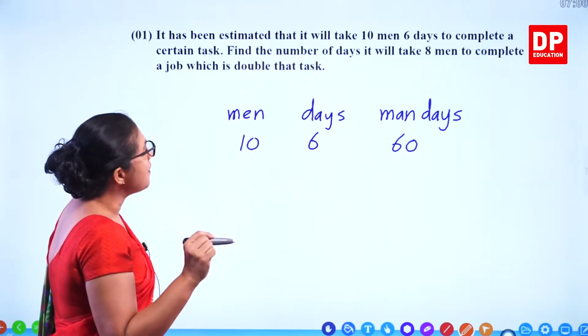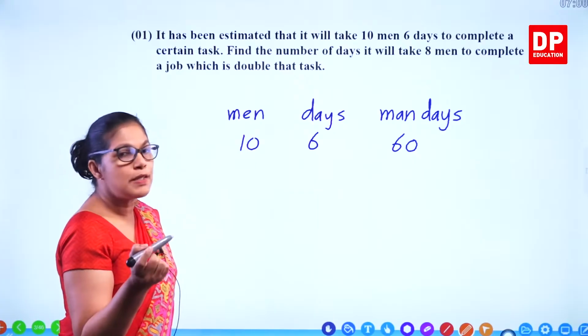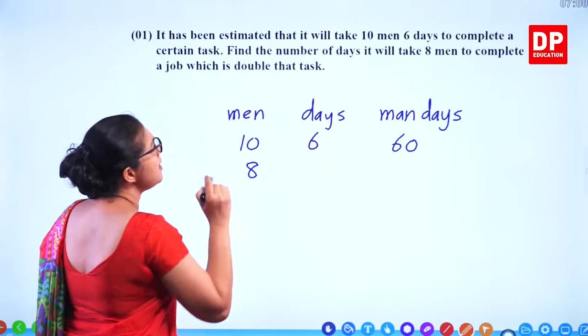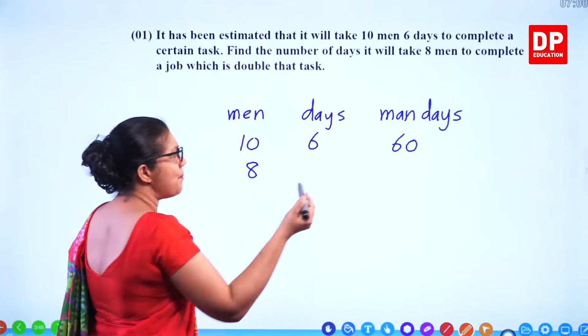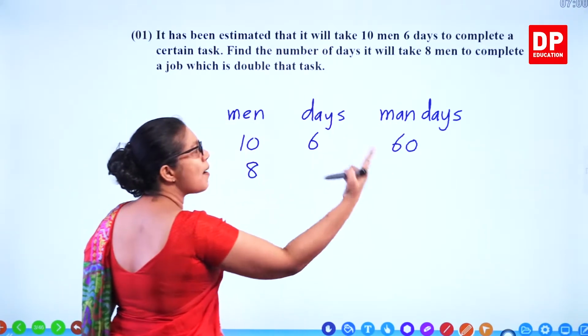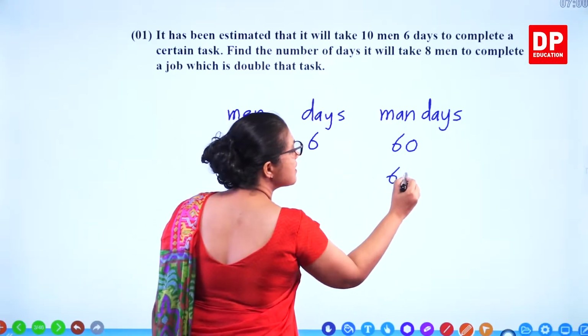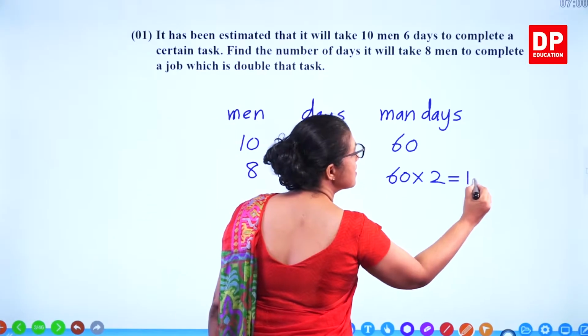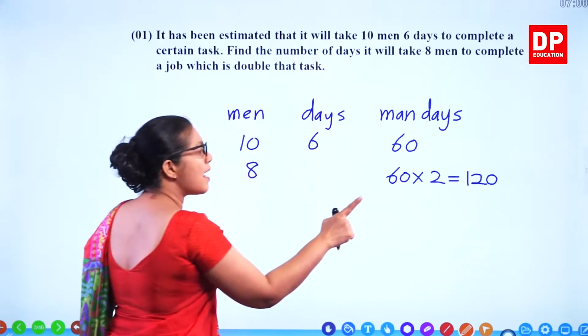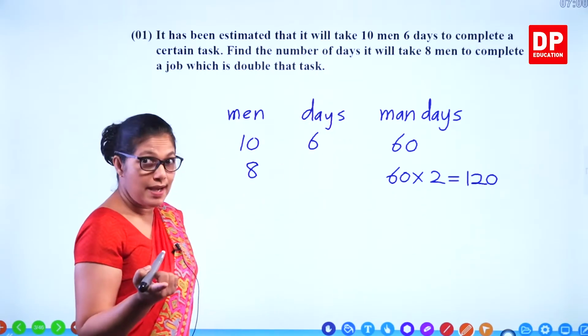Then it says find the number of days it will take 8 men to complete a job which is double that task. So that means you have to double the man days. What's the man days now? 60 times 2, 120. Total man days 120 and 8 men are there.